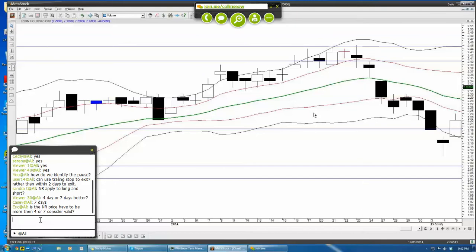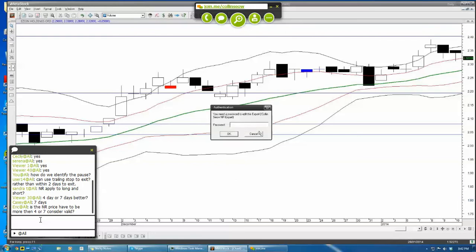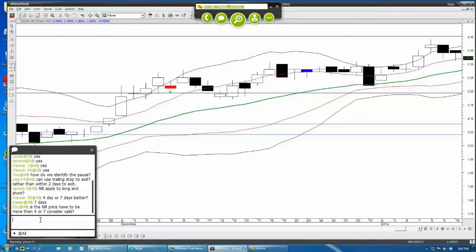The thing about NR4, narrow range 4, is that it is only valid if there is an inside day. That is to say, this candle must be the smallest candle in the last 4 days, plus this candle's high and low must be within the previous candle's high and low.